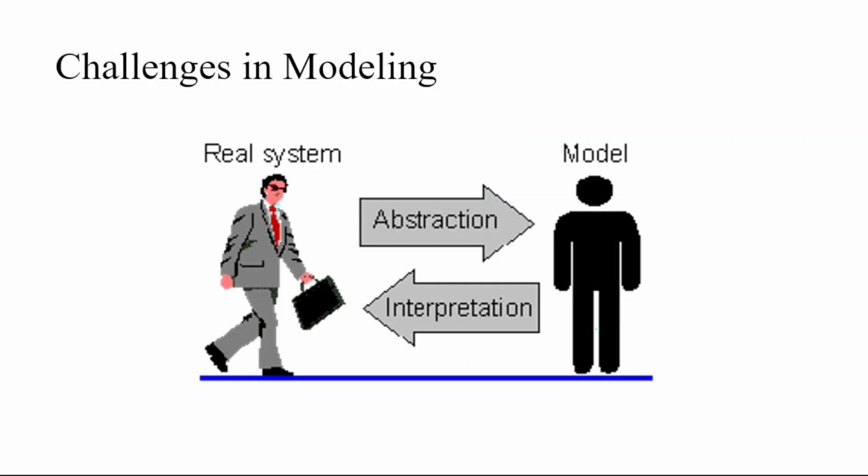To use a mathematical model for decision making, one of the challenges we face in operation research is the conversion of a real system into the model. If you look at the picture, a guy carrying a suitcase is a real system. But if you translate that man into a model, you will find a man in black color. So the model is an abstraction of the real system, and that abstraction gives you the interpretation of the real behavior of a system.